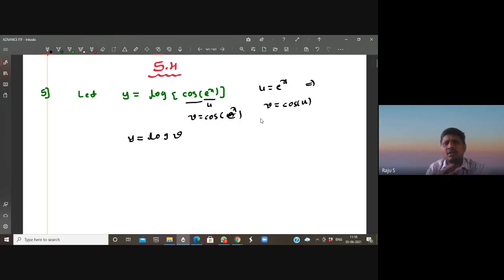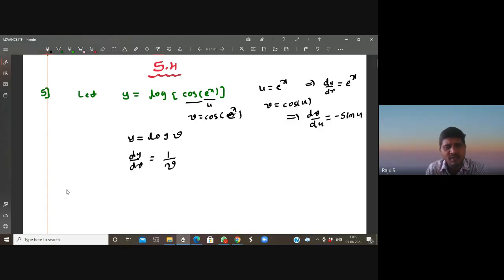In method 2 we can do direct differentiation. In method 1, what we have done: we find du by dx, which is e power x. Then dv by du, the derivative of cos u, is minus sin u. Then dy by dv, the derivative of log v, is 1 by v.